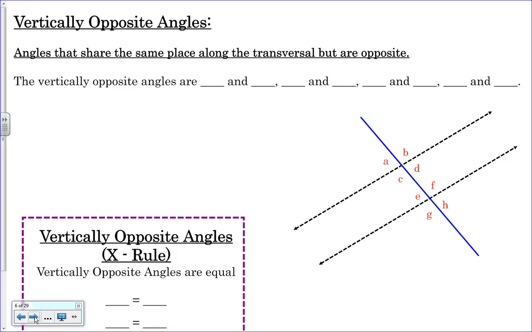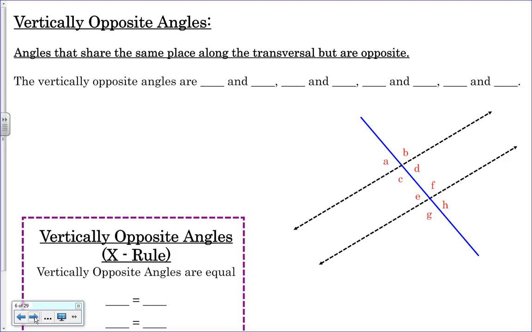Oh, sorry, I missed one. Vertically opposite angles. We'll do this one first. Sorry guys, technical difficulties. Vertically opposite angles are angles that share the same place along the transversal, but they are opposite.